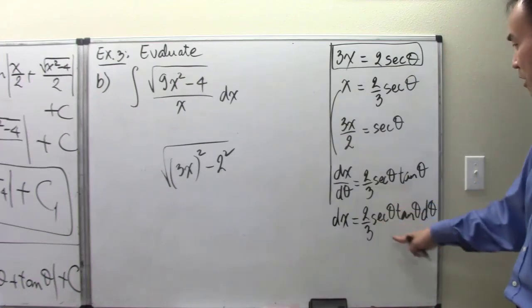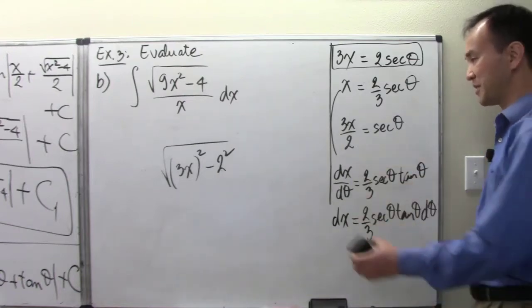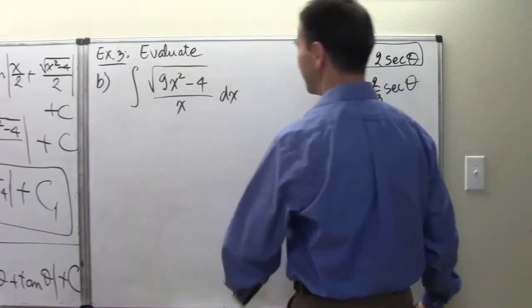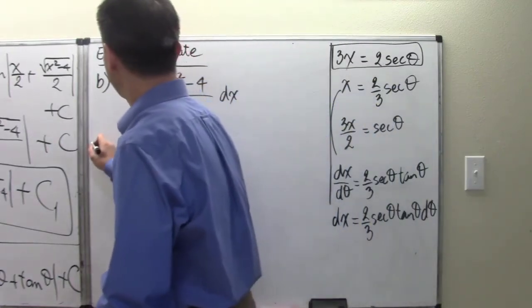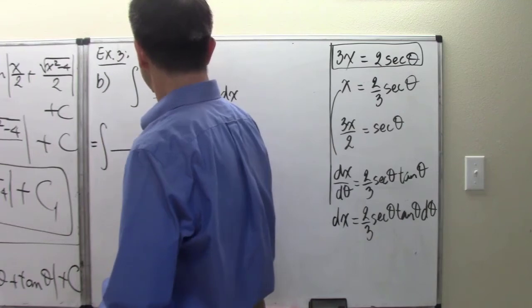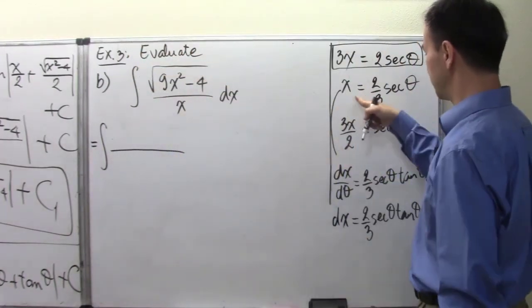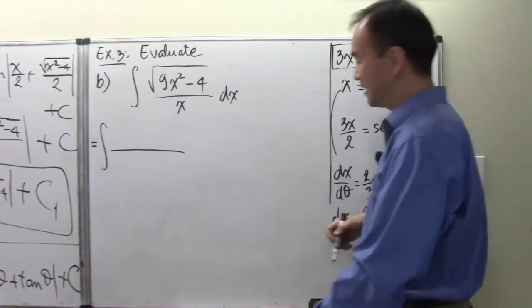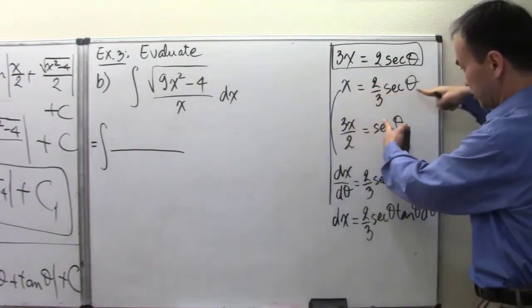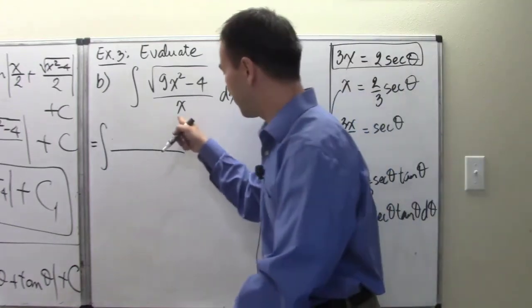So now I'm ready to put all these substitution pieces in place. Looking at the integral, the x in the denominator can be written as 2/3 times secant of theta, so I'm going to substitute that for the x at the bottom.